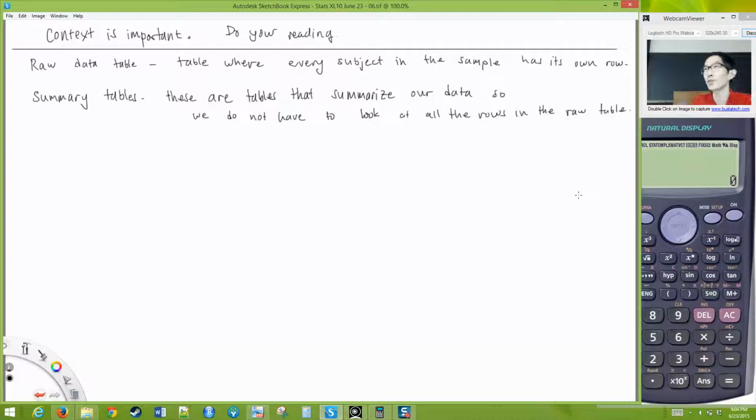You watch a movie, instead of reading the novel, it tries to summarize or capture the essence of the story, but you're going to lose some detail. You won't know that Ron Weasley wanted to save the whatever, okay, house elves. So we have summary tables. We have frequency tables. This is one form of a summary table. Okay, a frequency table is a summary table.